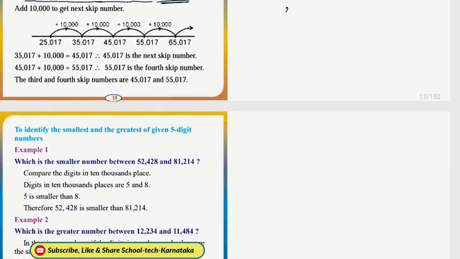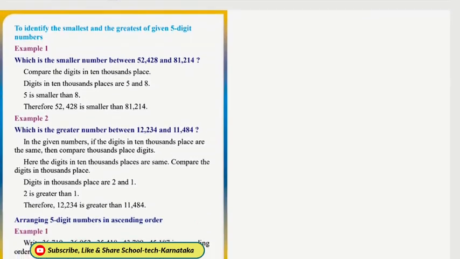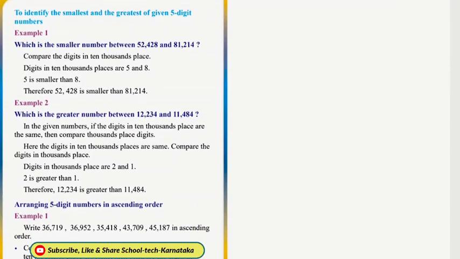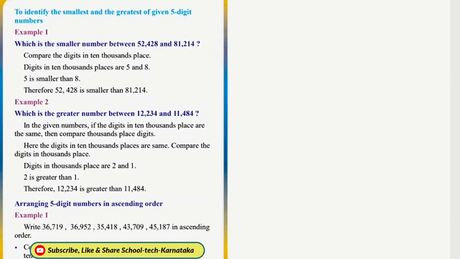Now let's try to find the smallest and the greatest of the given 5-digit numbers. So how do we compare the numbers and find the smallest and the greatest? You already know, and you have also solved a few exercises about finding the smaller and the greater number between the given 4-digit numbers.